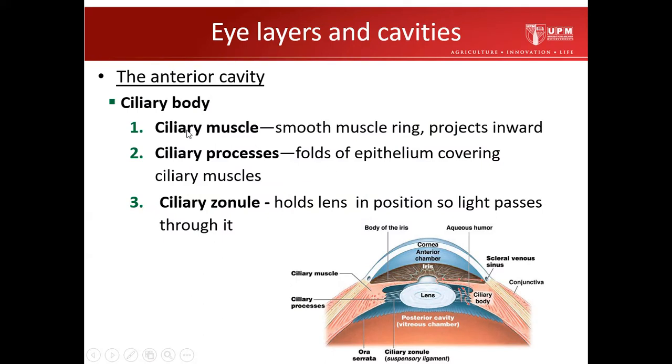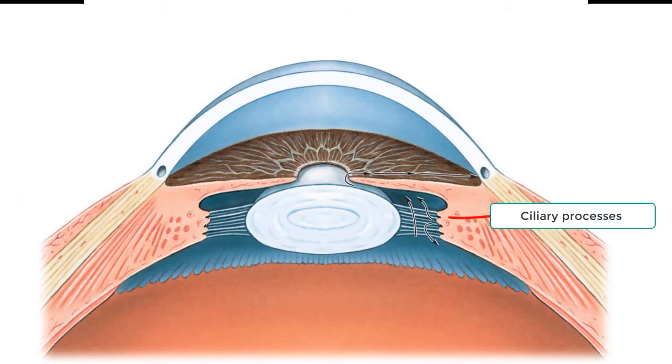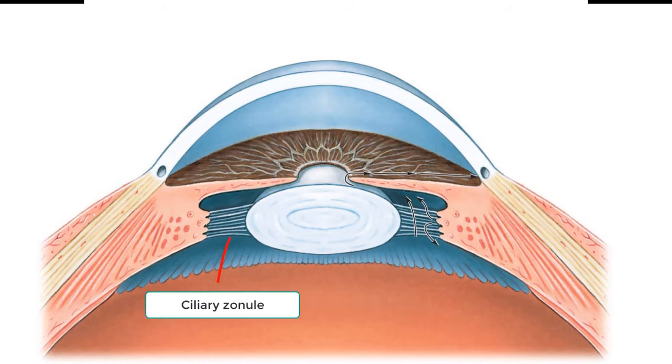The bulk of the ciliary body consists of the ciliary muscle, which is a smooth muscular ring that projects into the interior of the eye. Then we have the ciliary process, which is full of epithelium covering the ciliary muscles, while the ciliary zonule holds the lens in position so that it allows the light to pass through it.